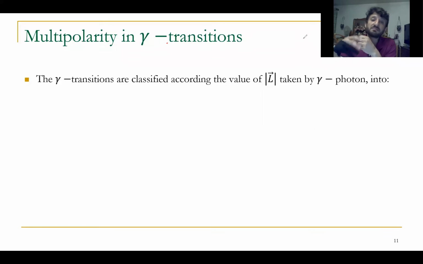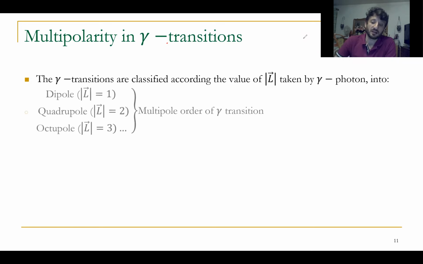Here, let me identify gamma transitions. What I mean by this, we can classify gamma transitions according to the value of L. For example, if L equals 1, we have a dipole gamma transition.